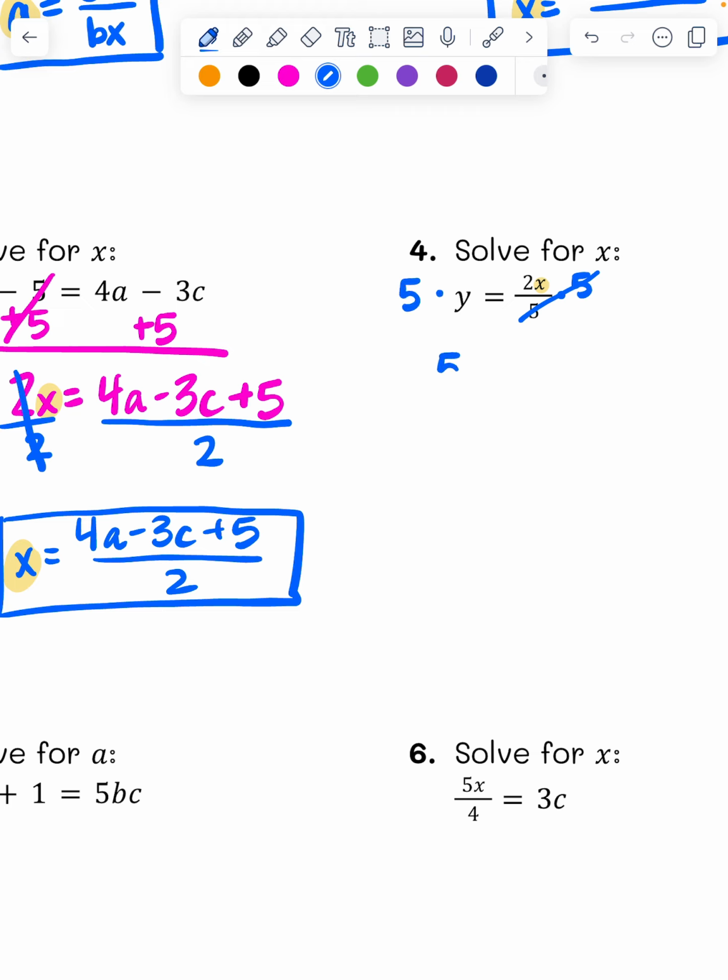So now I have 5y equals 2x. Again, highlight x, just to remind yourself that you are trying to get x by itself. Last step would be divide by 2. So x equals 5y divided by 2.